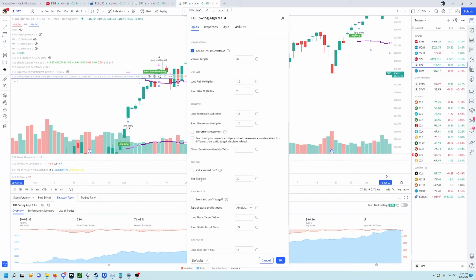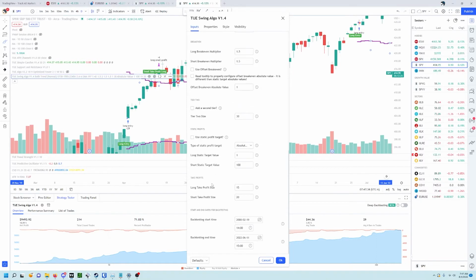The way the size is programmed is as a percentage of your initial entry. So if you entered with 100 shares and you had a tier 2 size of 30, the second tier would be 30 shares.